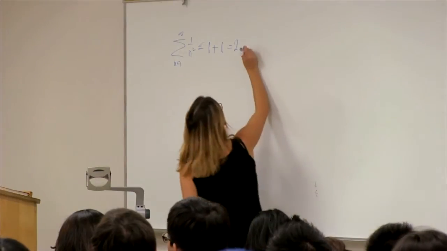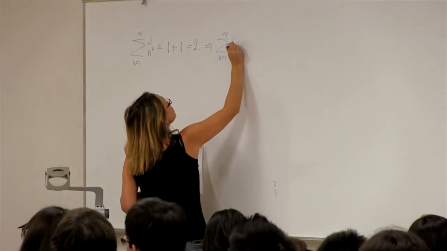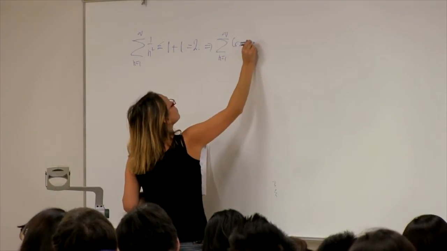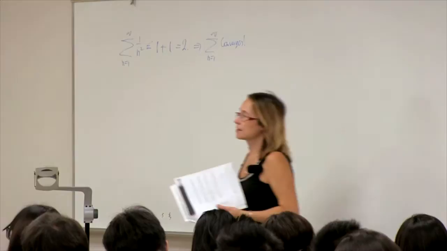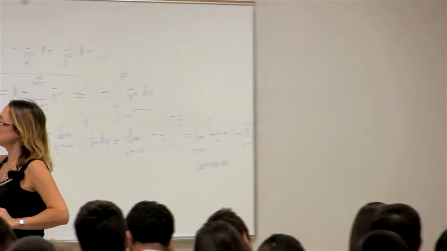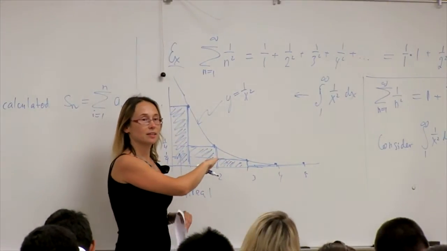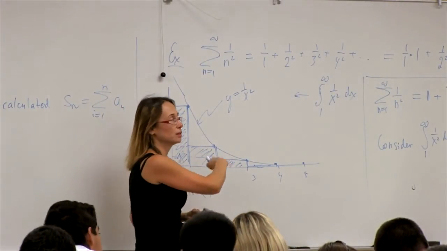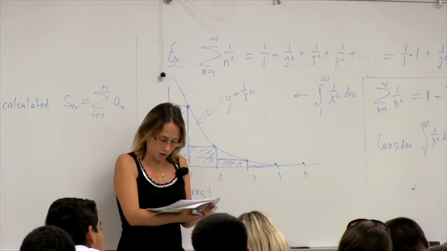Which means that the series converges. So by plotting it and seeing that it completely fits underneath a curve that converges when you integrate it, I can conclude that the series converges too. Questions?